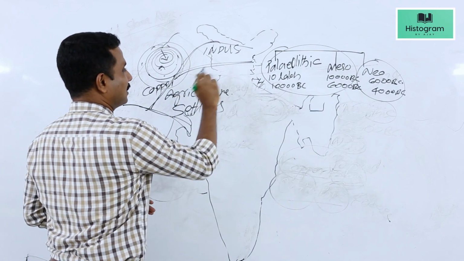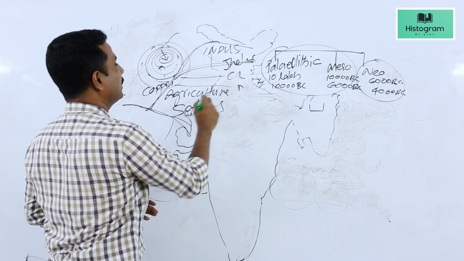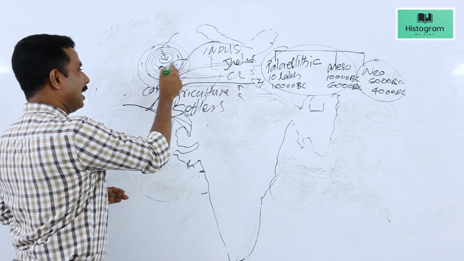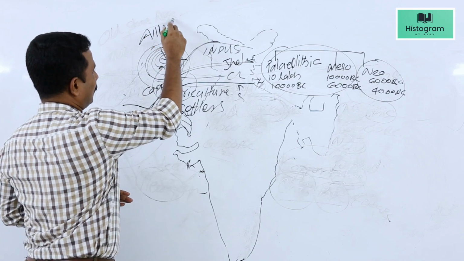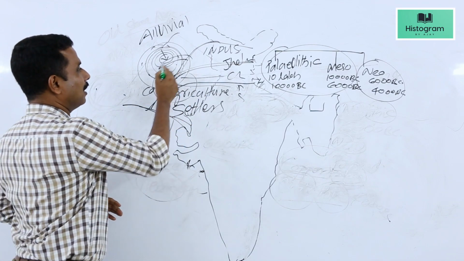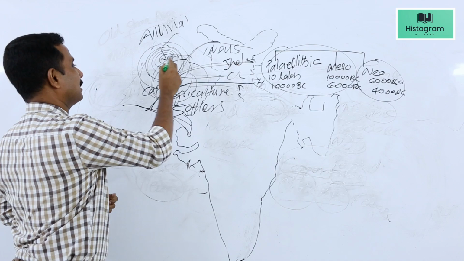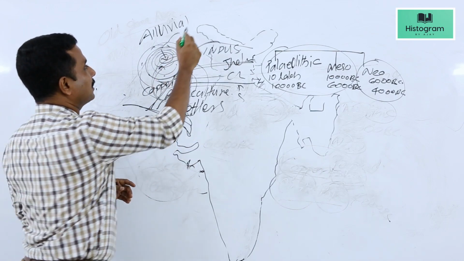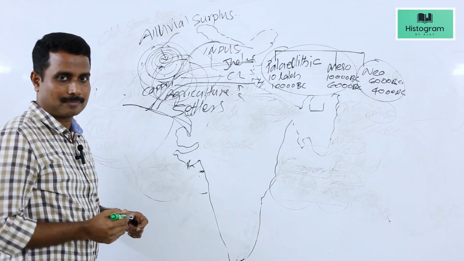Then many other rivers like Jhelum, Chenab, Ravi, Satluj flow through this area, depositing alluvial soil and making it very fertile. It is in this area that these people started settling down, engaging in agriculture and creating agrarian surplus.